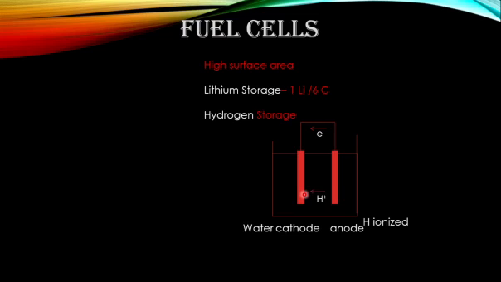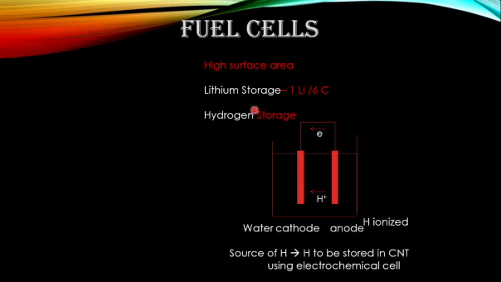So due to the storage of hydrogen in the carbon nanotube in the anode, it will be ionized, and during the ionization electrons will pass through the external circuit, so you'll get a current, like a battery. And what is the end product? The end product is water. So that is what hydrogen fuel cells are used for.